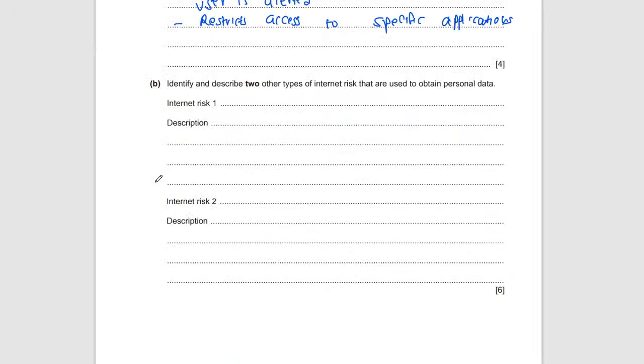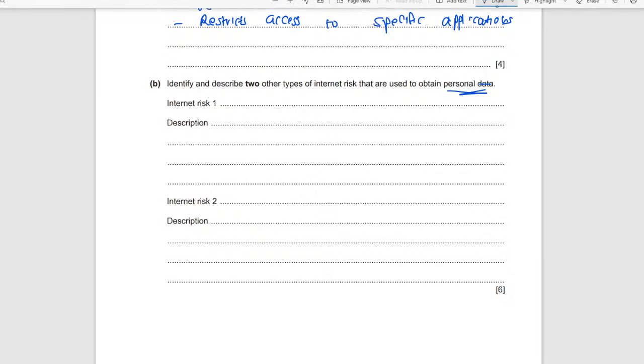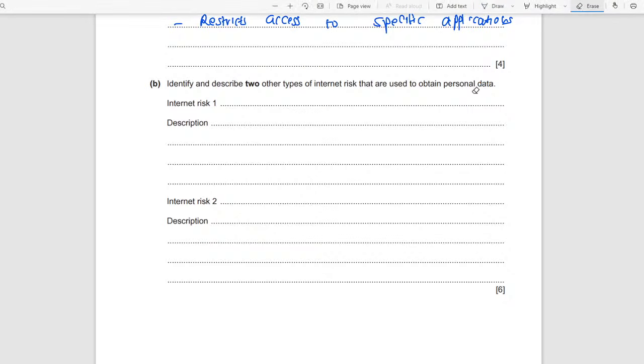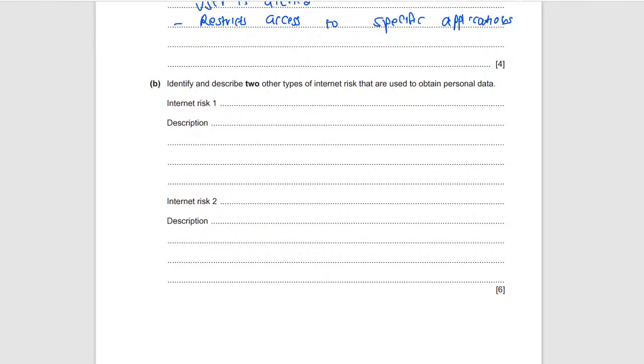Let's see. Identify and describe two other types of internet risks that are used to obtain personal data. So we're looking at personal data and only personal data. So you can't say something related to not personal data. I mean, most of the internet risks are for your personal data, but not all of them, so you just need to be careful.